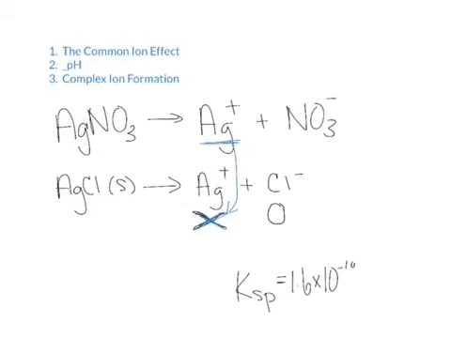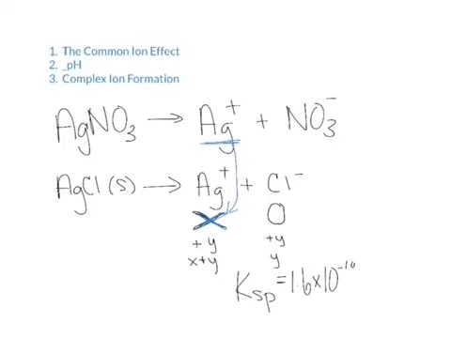So the amount of Ag+ would go up by not very much, by some other variable, plus y. Then our equilibrium concentration would be x plus y, and y for the chloride ion. But the y would be smaller than if we had just put some silver chloride into water.